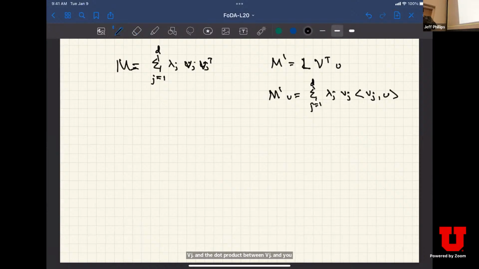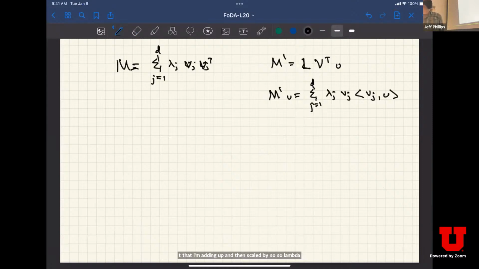Each vj is a vector in R d, and the output is a vector in R d here. So I'm taking the component along direction vj, the orthogonal component that I'm adding up, and then scaled by lambda j.